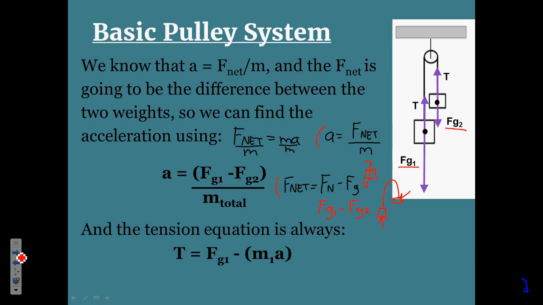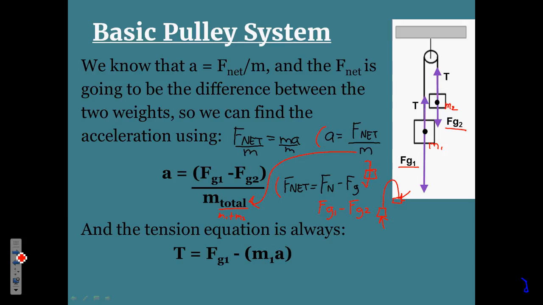So we have the M from here, but except it's total. So we had to get the total mass, kilograms of M1 plus M2. So if this is M1, then this is M2. And we add those together because that's the total.